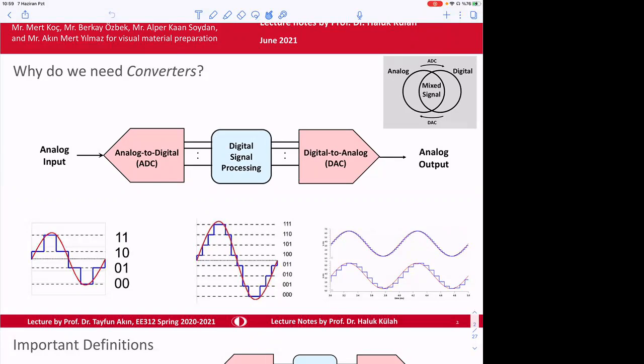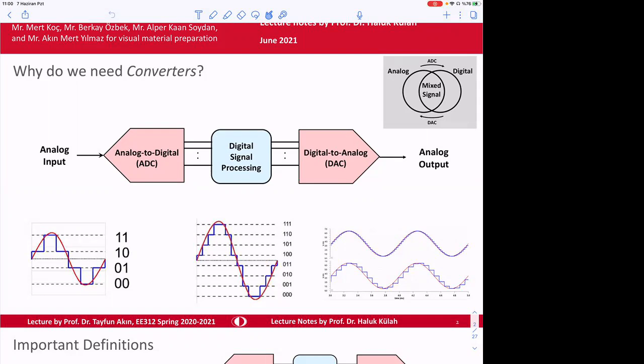So if we try to better represent that, maybe we can use 3-bit representation of that sine wave or that signal range. So this doesn't have to be, of course, a sine wave, the input signal, but this is for simplicity. We are showing a sine wave, how we can represent it.